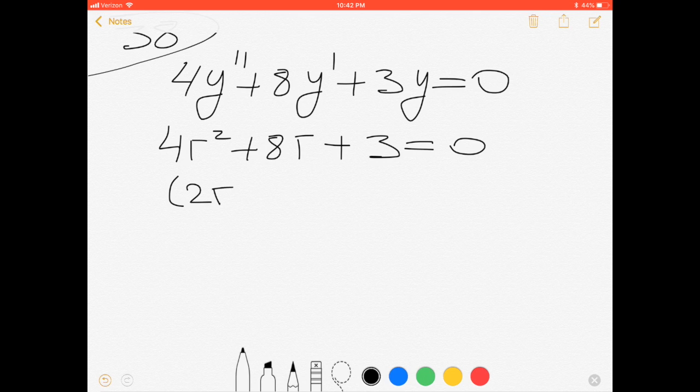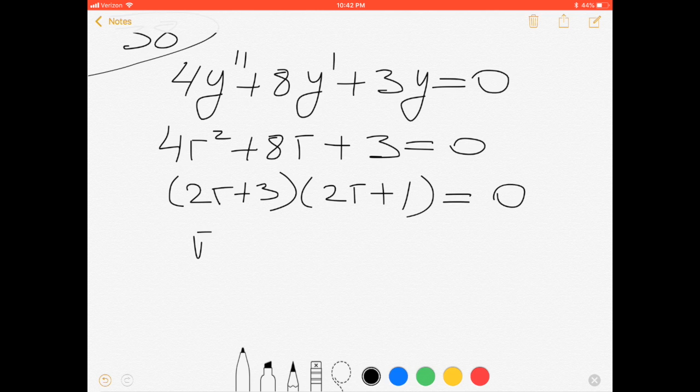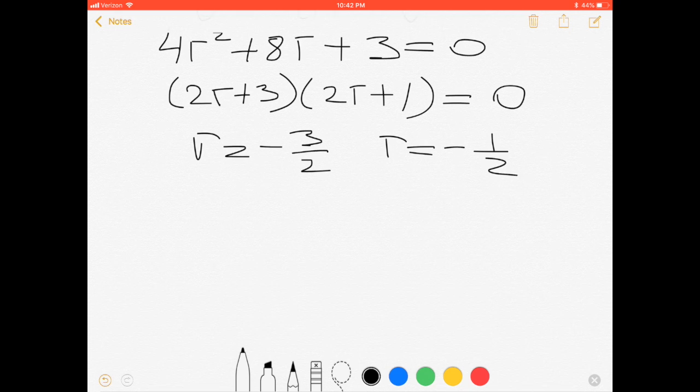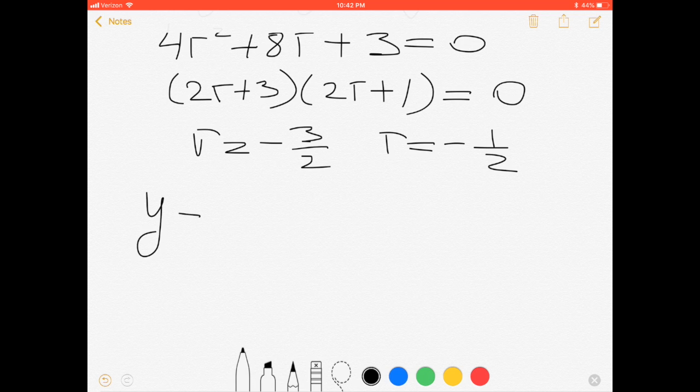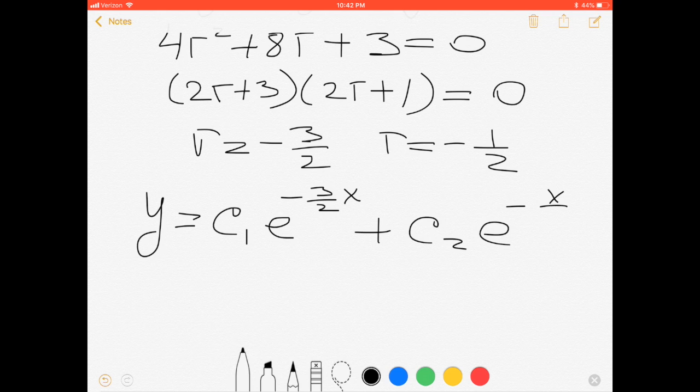Solving, (2r plus 3)(2r plus 1) equals 0. This means r equals negative 3/2, r equals negative 1/2. And the general solution here will be c1 e to the negative 3/2 x plus c2 e to the negative 1/2 x. This is the general solution of the homogeneous equation.